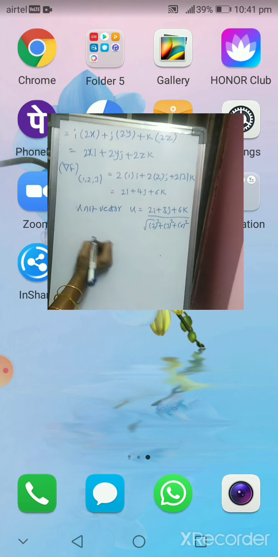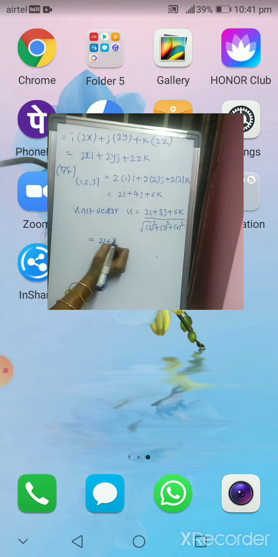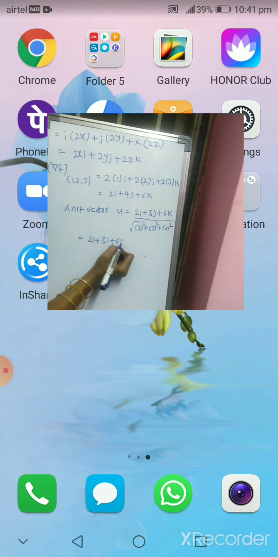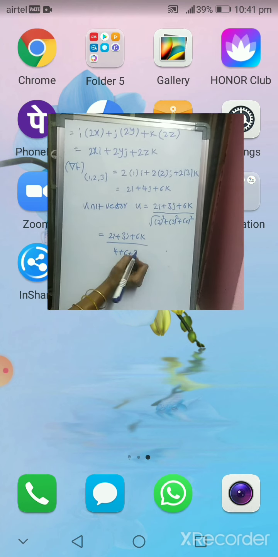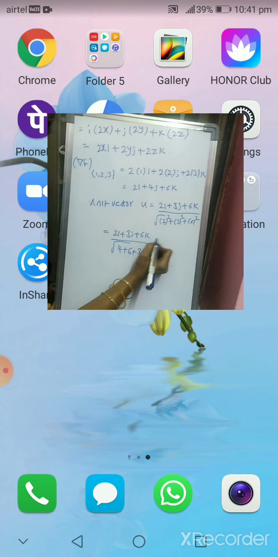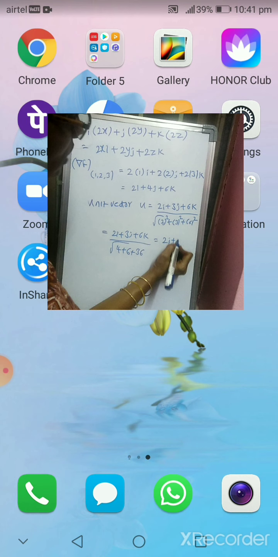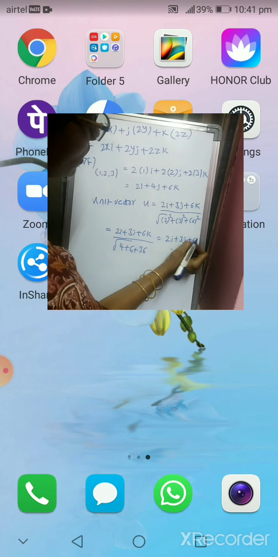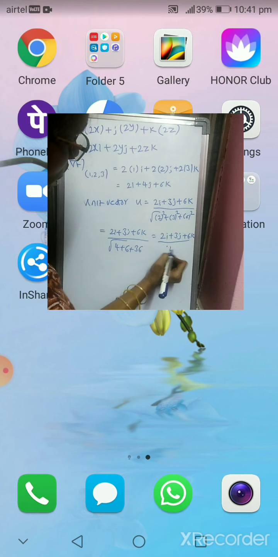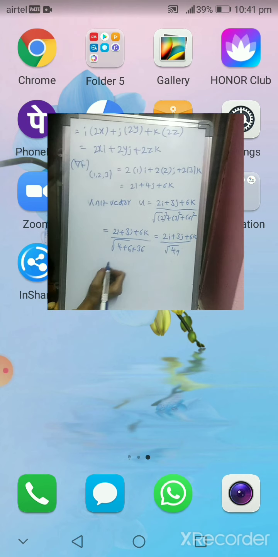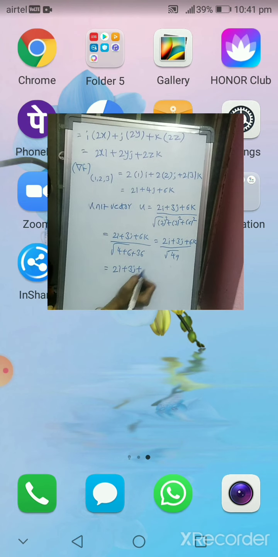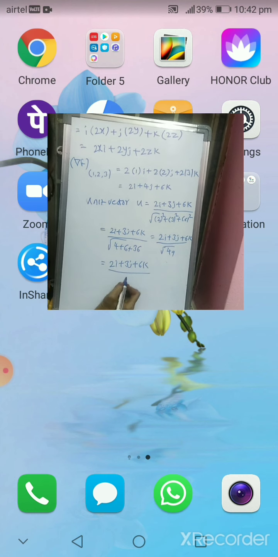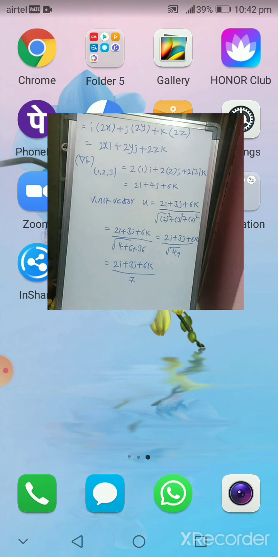So that is 2i plus 3j plus 6k by root of 4 plus 9 plus 36. So this is equal to 2i plus 3j plus 6k by root 49, that is equal to 2i plus 3j plus 6k by 7. So this is the unit vector u.